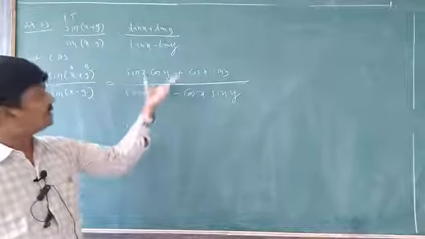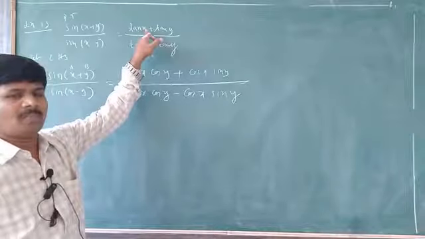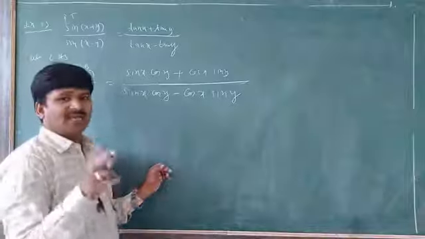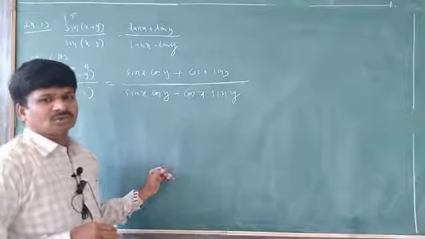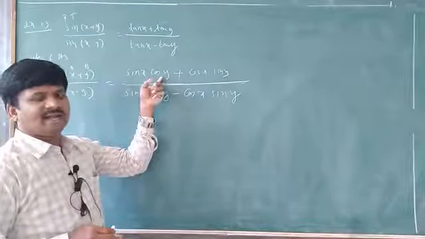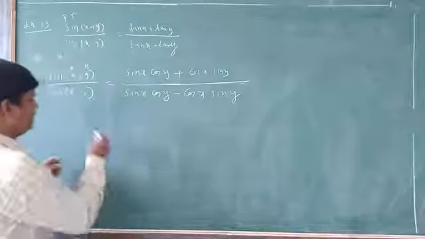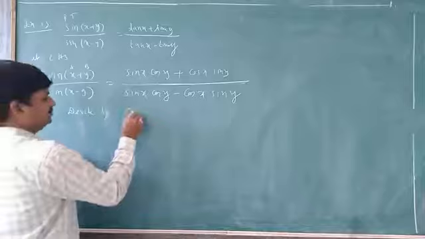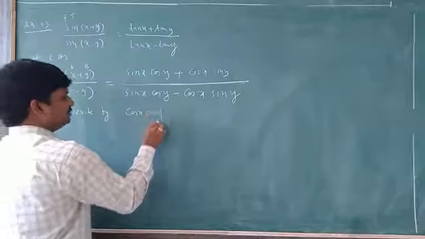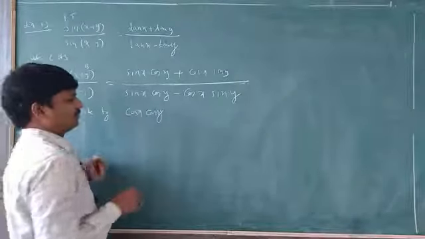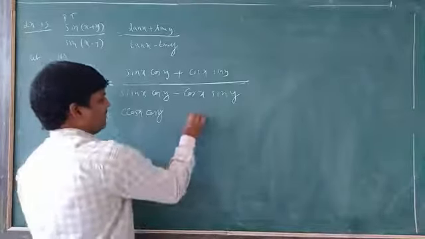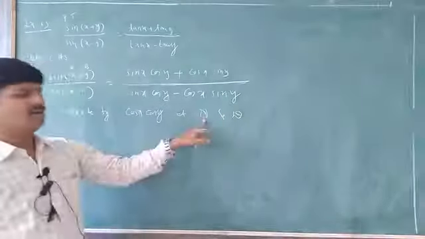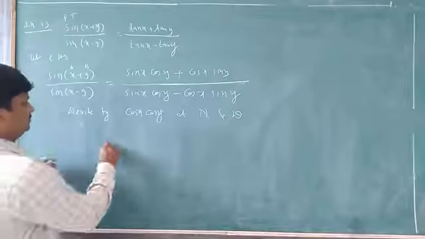But we have to convert this one into terms of tan. To convert in terms of tan, now what I am doing here? I am dividing by cos x into cos y at numerator and as well as at denominator. What will you get?